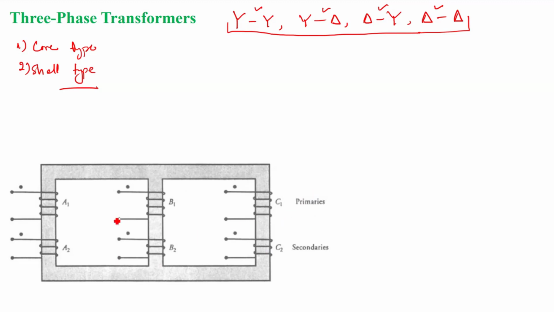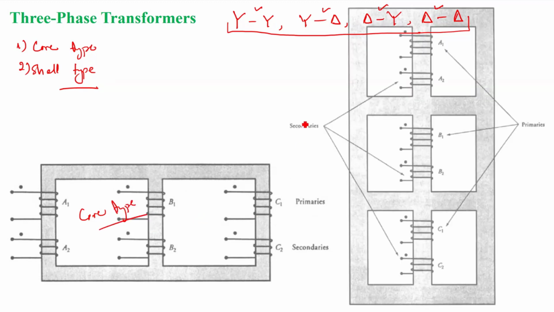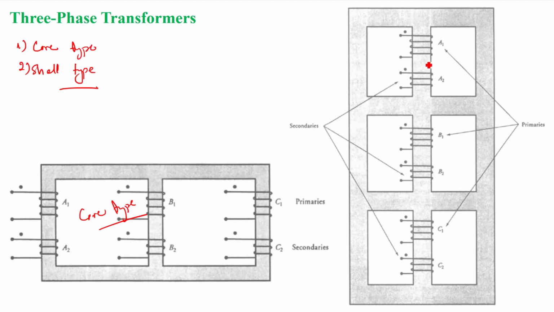So now this is your core type transformer, right? Now if we see the shell type transformer, the structure is like this. You can see here in the middle limb, the windings are wound, right?